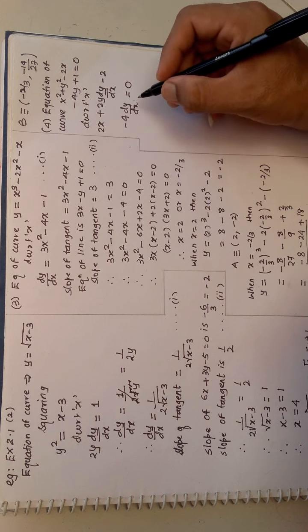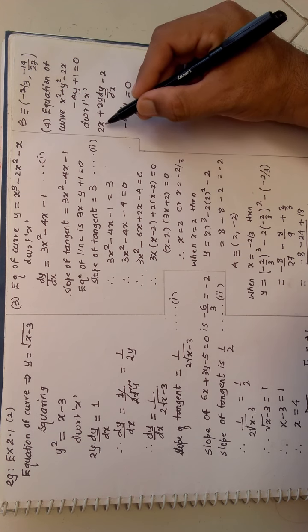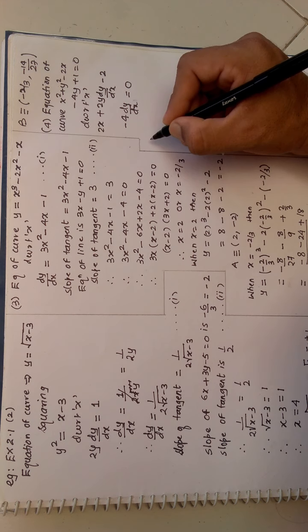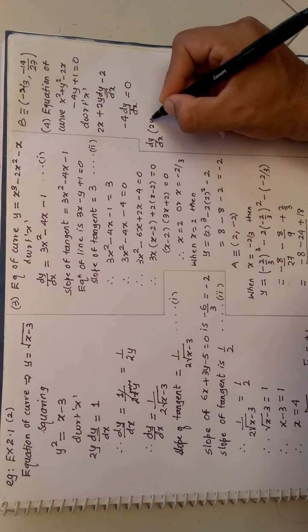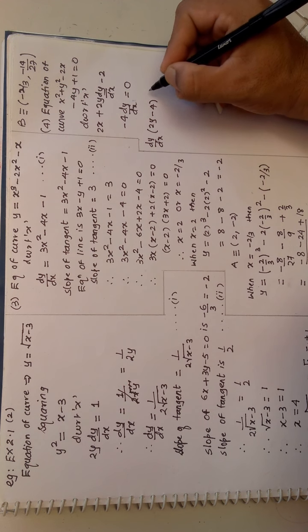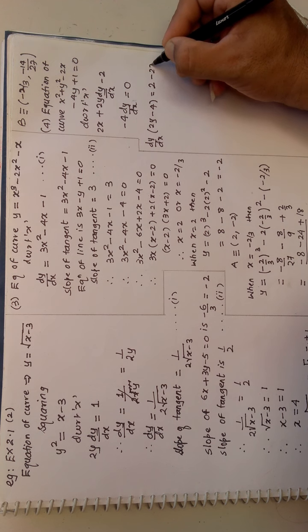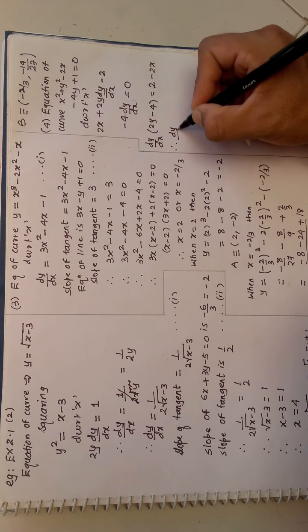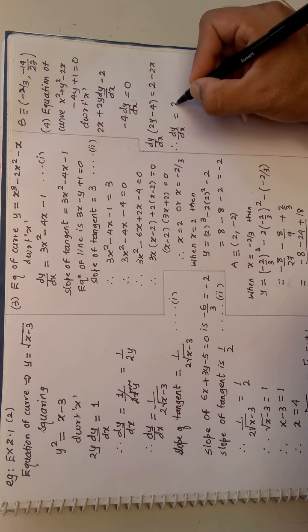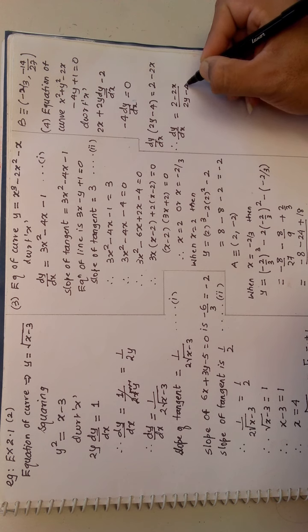Taking dy by dx together, I will be transferring this 2x and minus 2 to the right side. So I get dy by dx into bracket 2y minus 4 is equal to minus 2 becoming plus 2, minus 2x. So dy by dx becomes equal to 2 minus 2x upon 2y minus 4.